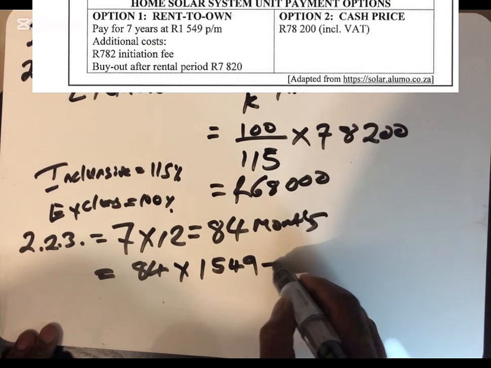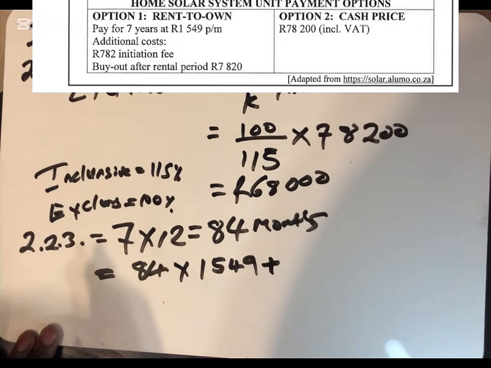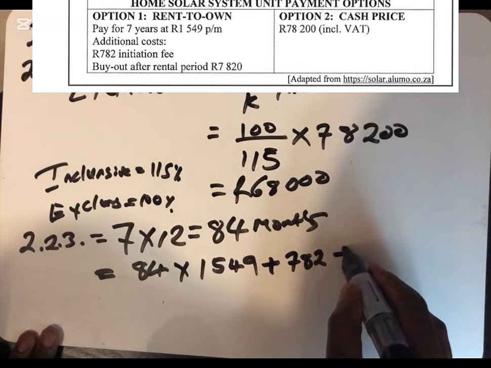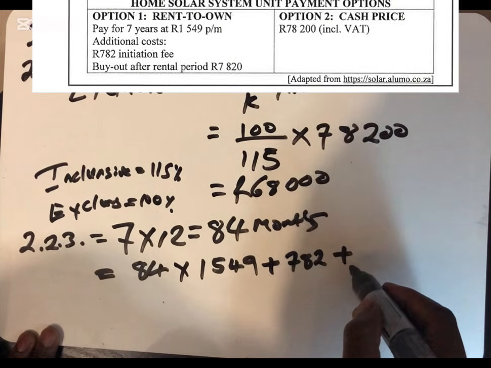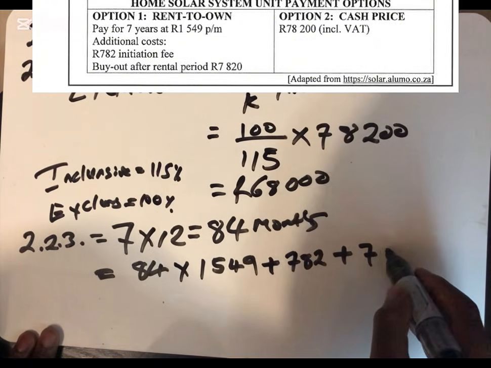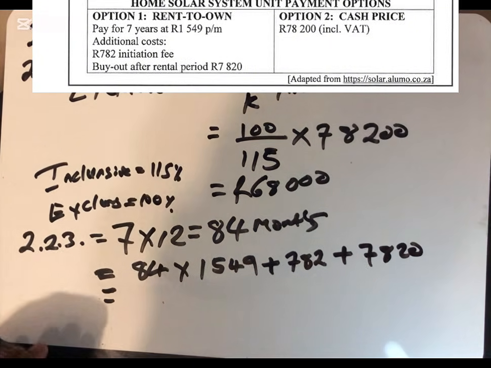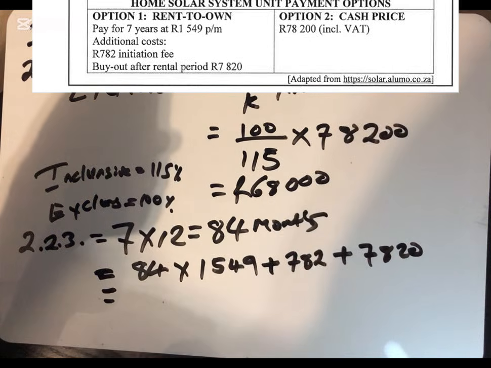And if you go back to option number 1, we can see that we also have additional fees of 782 plus the additional fee again of 7,820. So for option number 1, after 7 years, this person will have paid this amount.